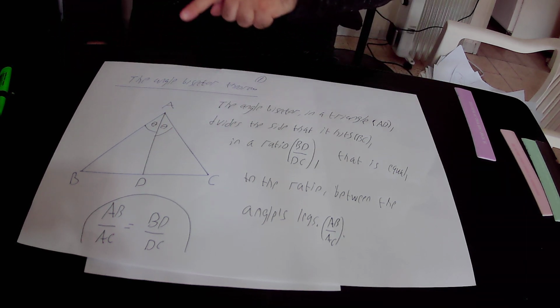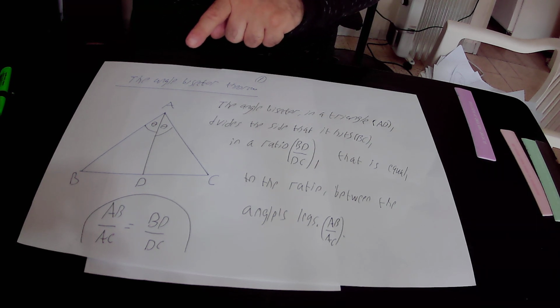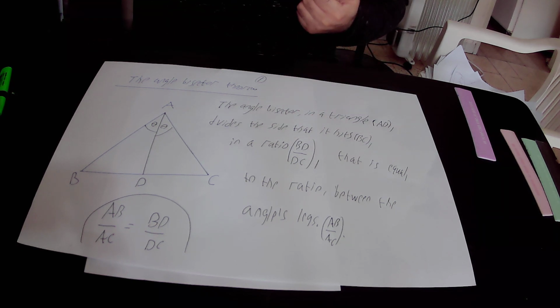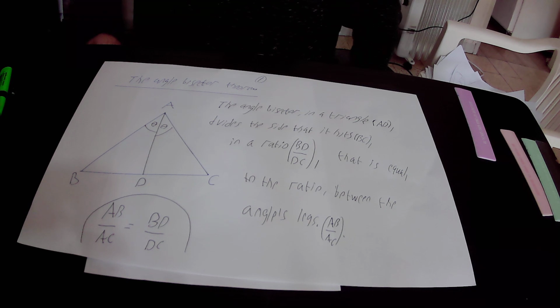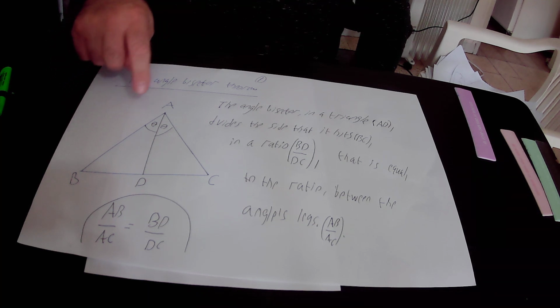And the ratio between those two parts is BD over DC. So the ratio that angle bisector AD divides side BC is BD over DC, and that ratio is equal to the ratio between the angle's legs. We are talking about the angle that has been bisected into two halves, that is to say angle BAC.